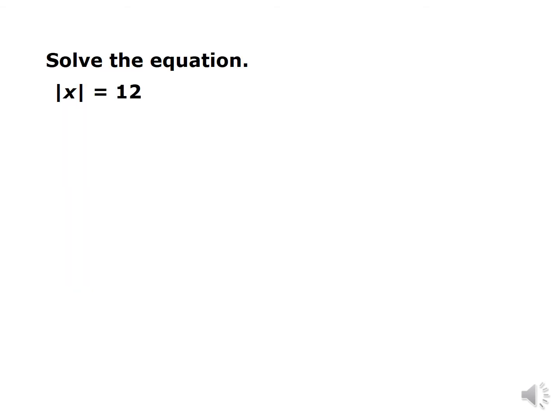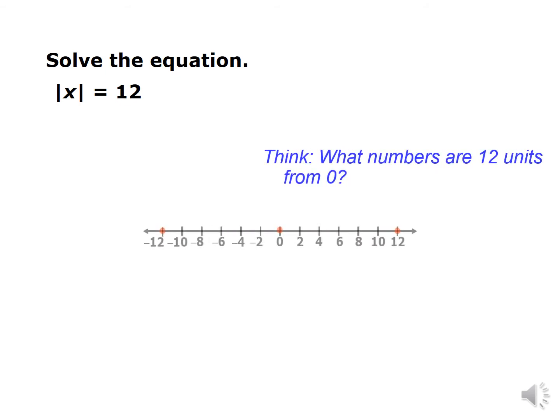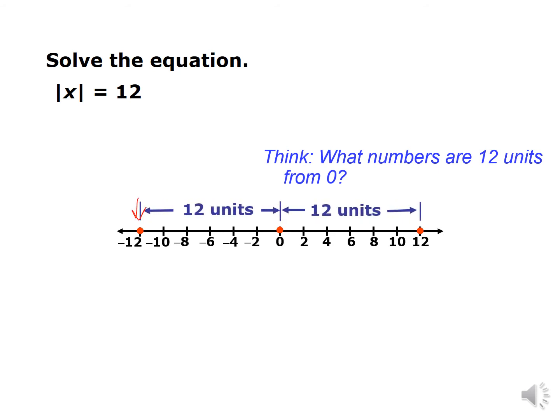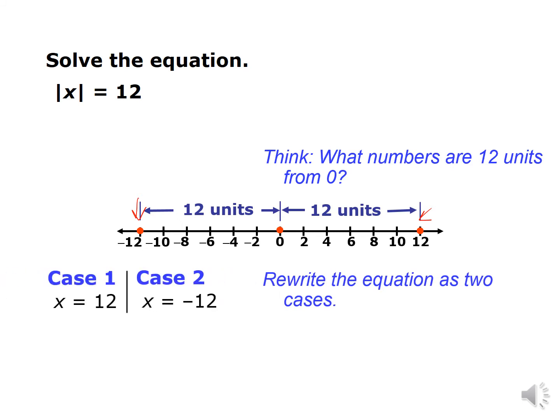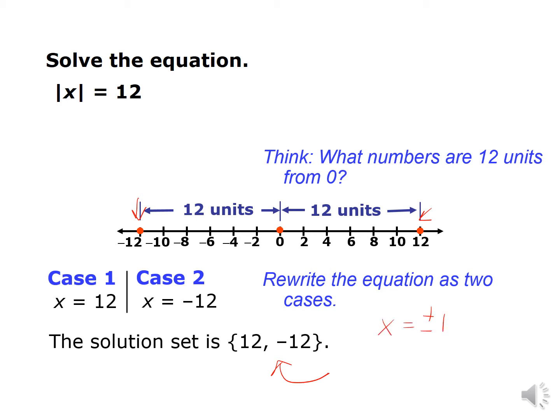So if we were going to solve this equation, that's really easy, right? We know that two numbers have a distance of 12 from 0. So there they are, negative 12 and positive 12. If we were going to write the equation as two cases, we would give the answers like this, or you could write x equals plus or minus 12.